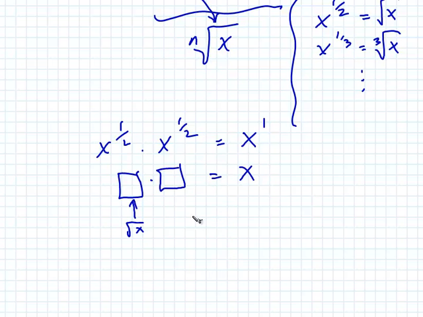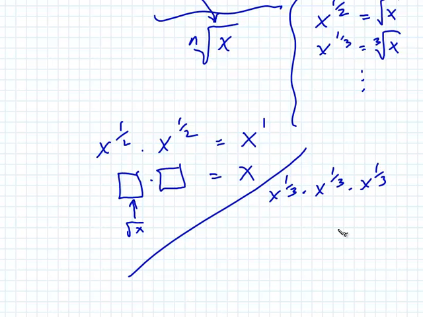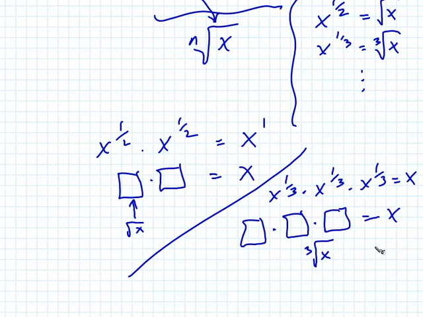What if I take x to the 1/3 times x to the 1/3 times x to the 1/3? Well, if I add the exponents, it's going to be x to the first power, or just x. So here's a number which, when multiplied by itself and again by itself, gives us x. That's the very definition of the cube root of x.